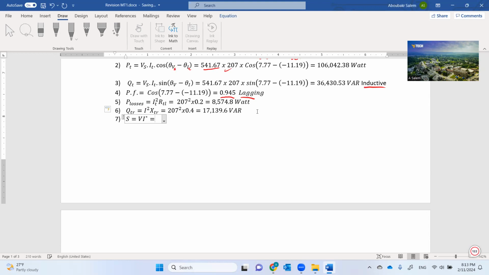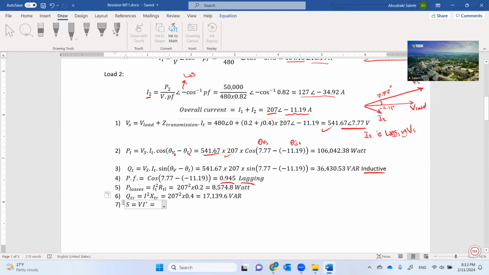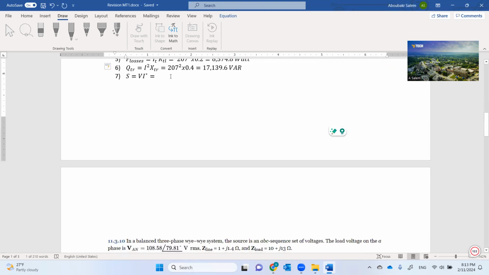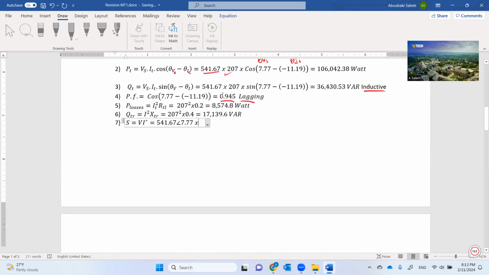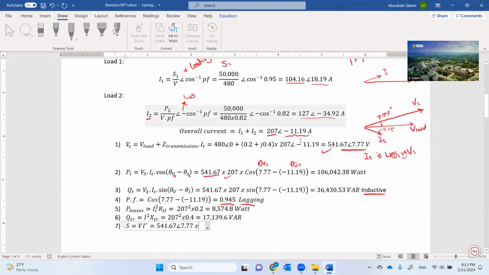So V equals, we have the voltage magnitude here, so this is Vs. Take a copy of this volt, so this is Vs, times the current, but the current conjugate. So this is our current, multiplied by this current but conjugate. So we have to reverse this angle from negative to positive. And this would be the value of complex power.